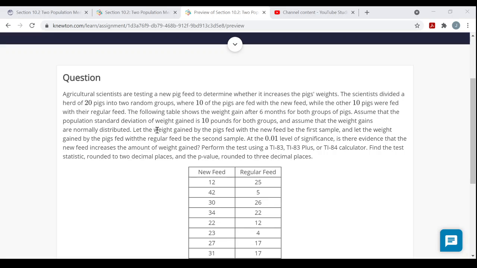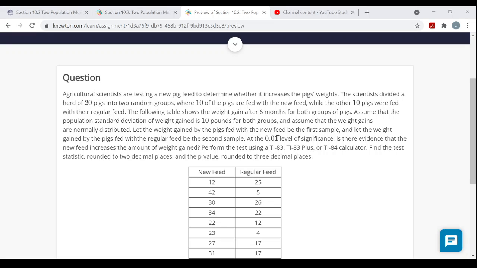They're saying here, let the weight gained by the pigs fed with the new feed be the first sample, so have all the subscripts of 1. And let the weight gained by the pigs fed with the regular feed be the second sample, with the subscripts of 2.